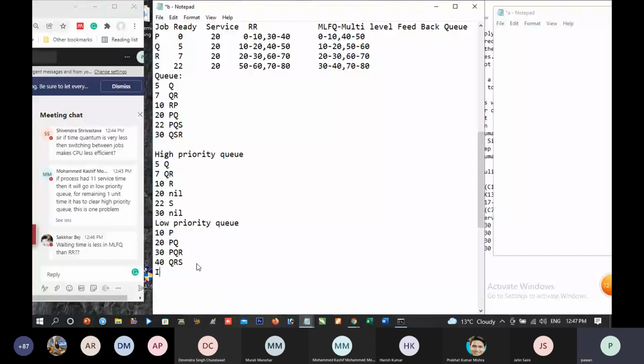In the low priority queue, time quantum is 10. This is how we proceed.